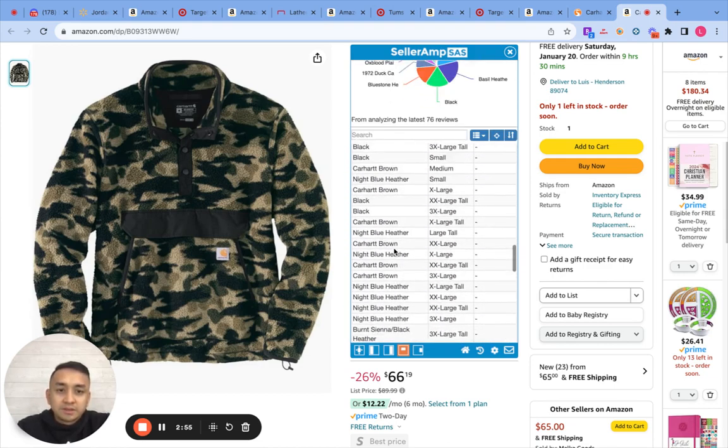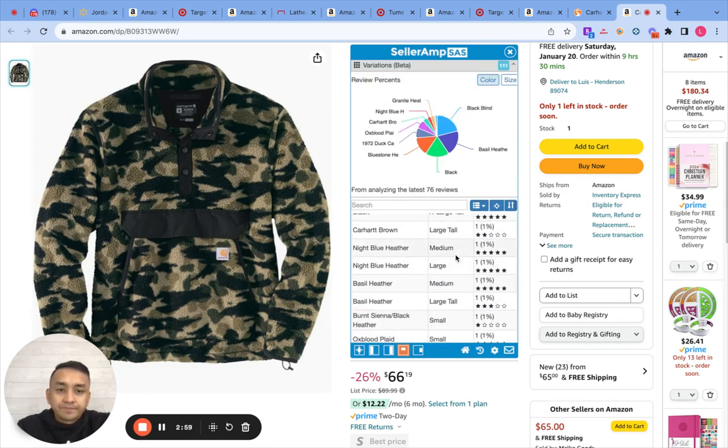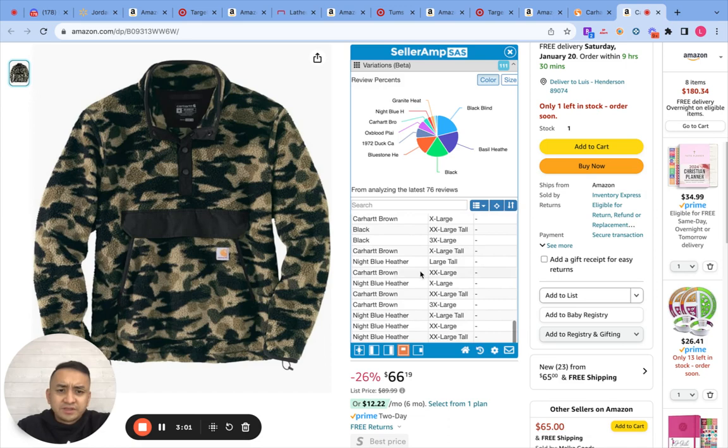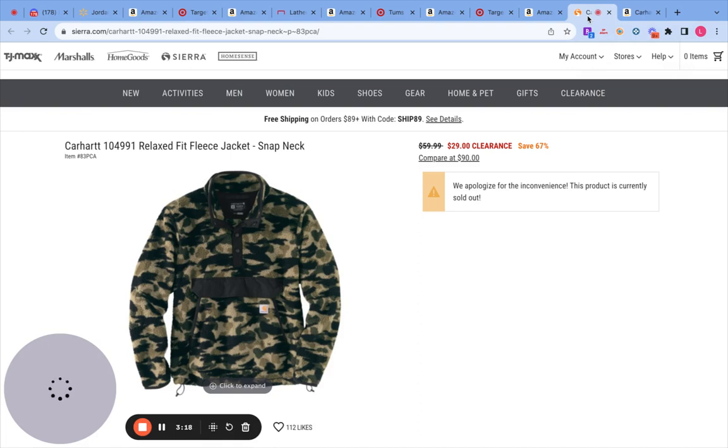Where is it at? So this variation is actually not getting any sales. I would skip it because clearly it's not getting any sales, so why would we buy it? This one is going to be a skip.